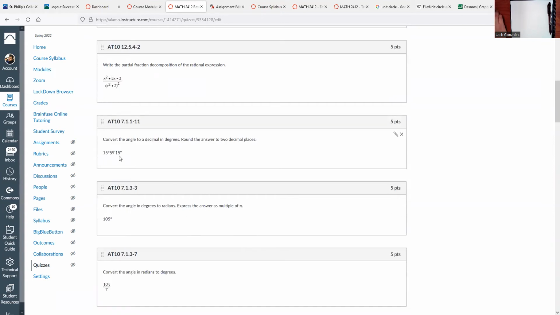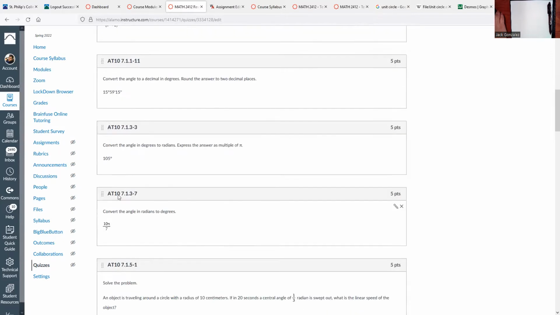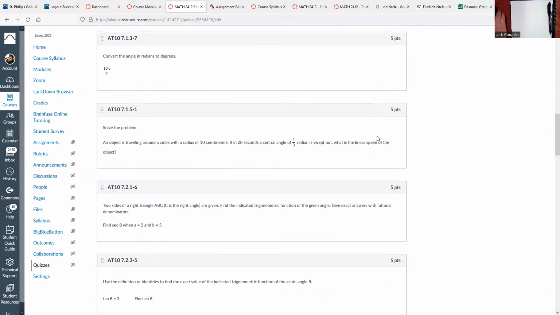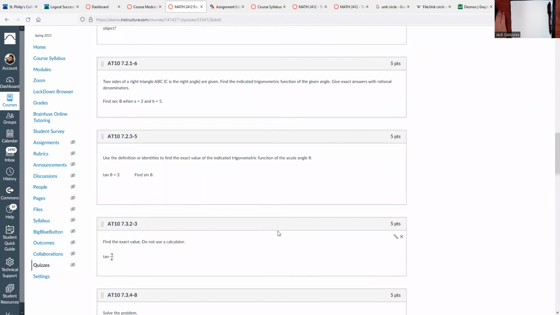You'll have one of these conversions that we did together a while back, from degrees, minutes, seconds to just degrees. So a basic conversion, a couple of word problems, and finding the missing trig function. Like if you're given tangent, find cosine or find sine. So you have to build a triangle.